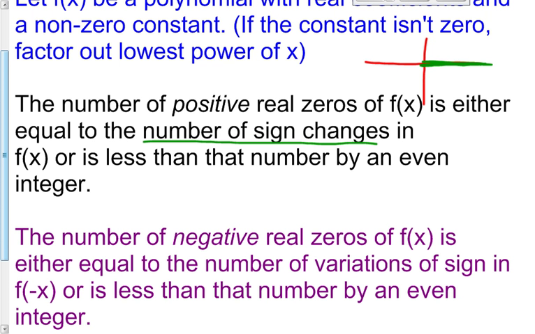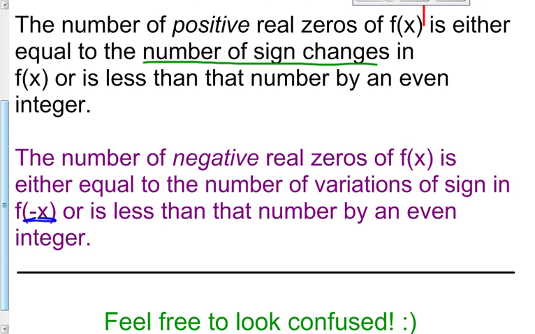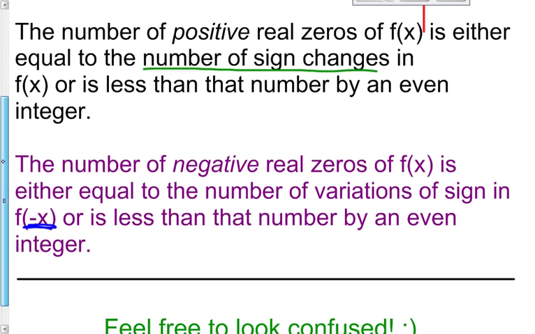Okay? And then he also found out that the number of zeros to the left, or the number of negative zeros, so in that blue part, when you substitute a negative x into our polynomial function and then count the number of sign changes, is equal to the number of sign changes in that.